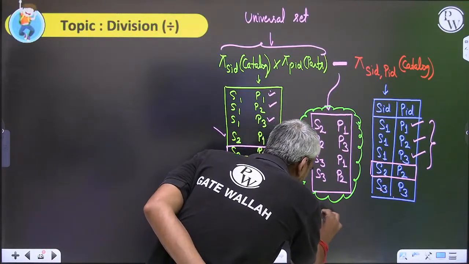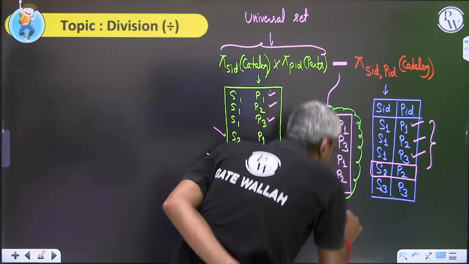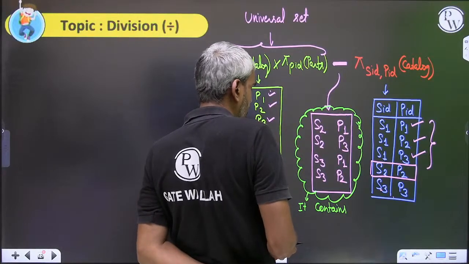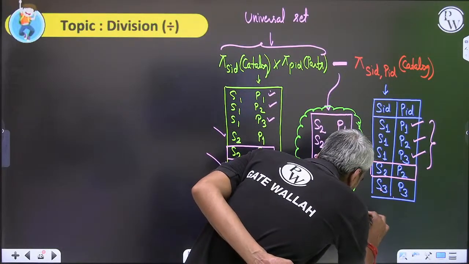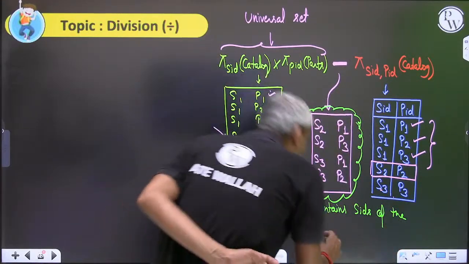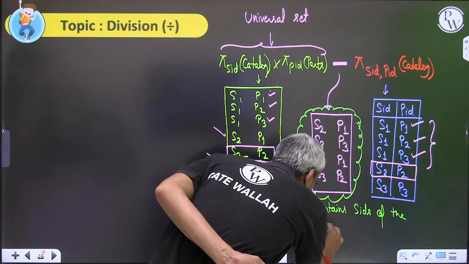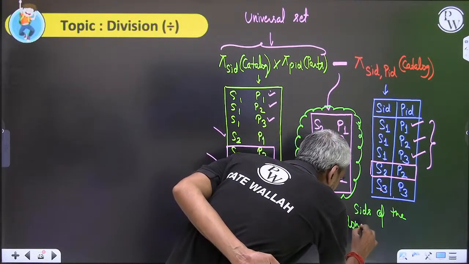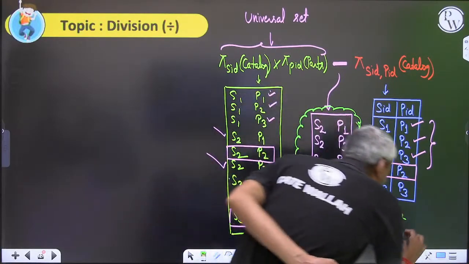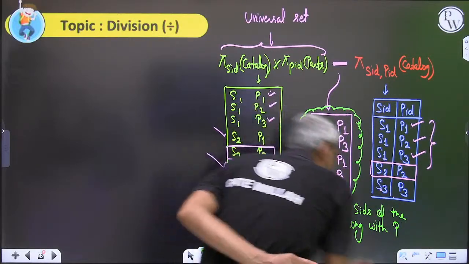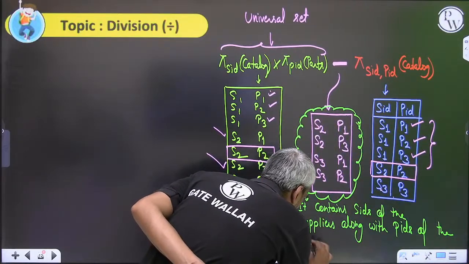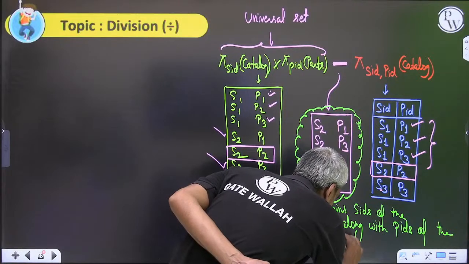It contains the tuples with SIDs of the suppliers along with the PIDs of the parts that are not supplied by them.